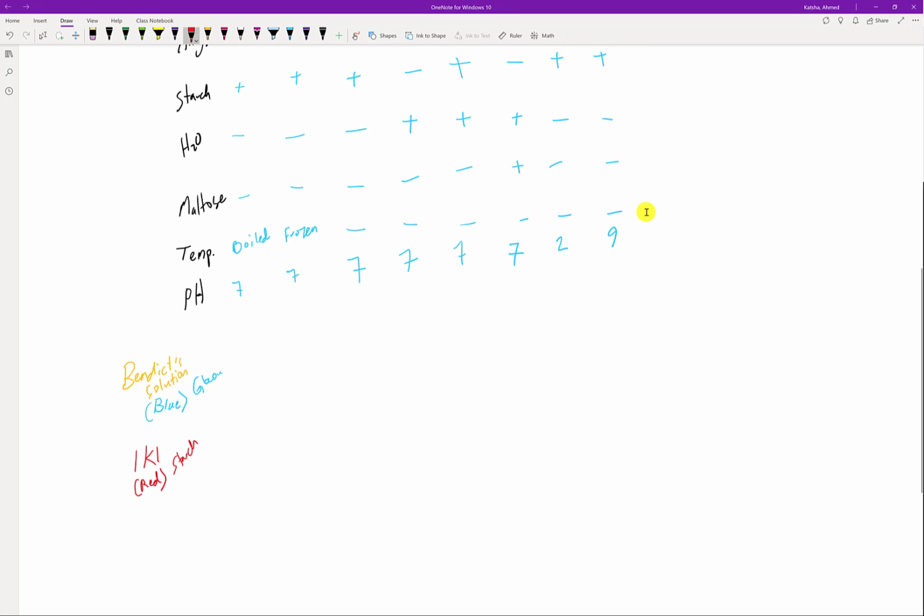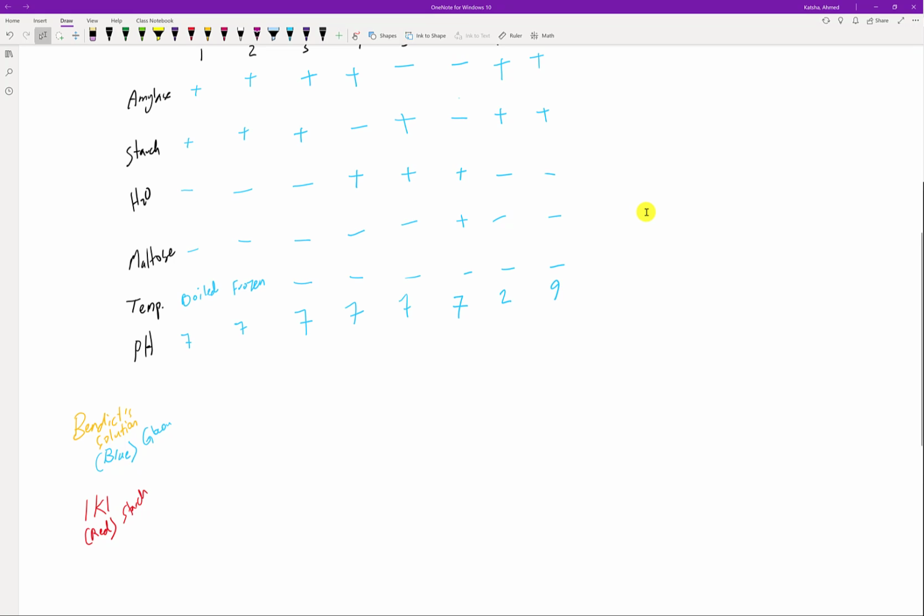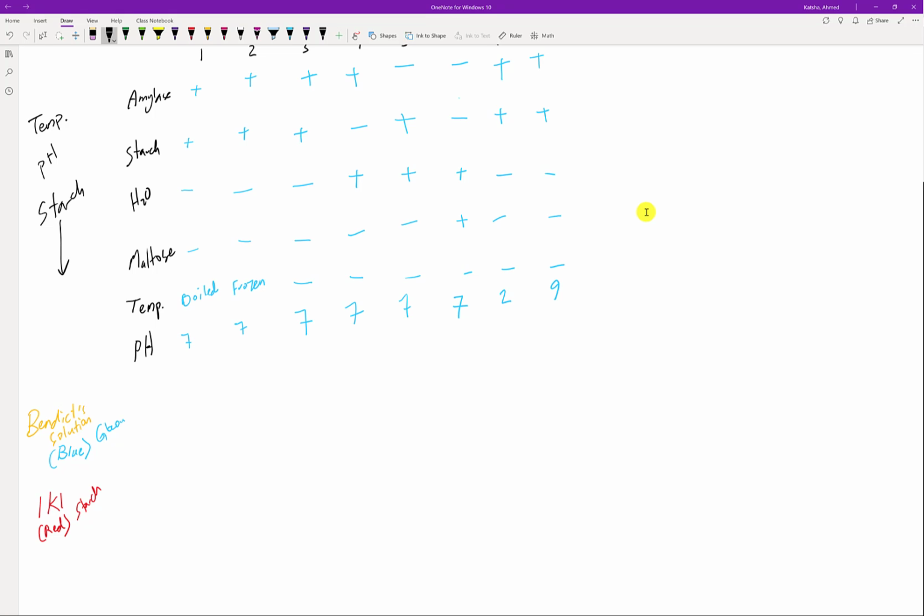So let's see how Benedict's solution is going to act in these reactions. And remember also that we need the ideal temperature, we need the right pH, and the reaction is starch in the presence of amylase will give us glucose.